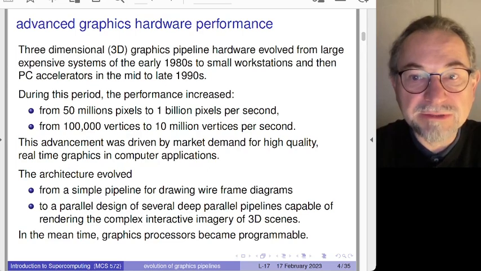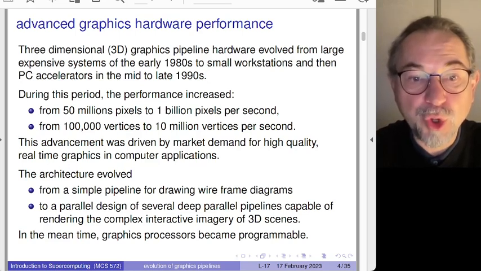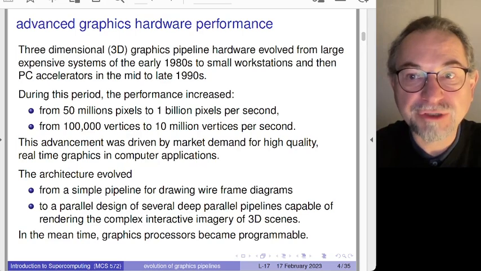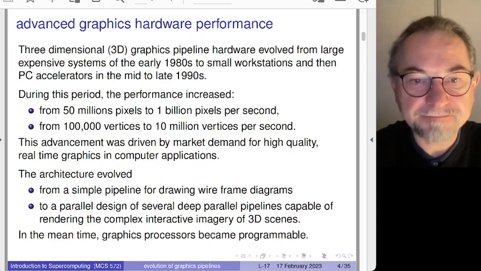So the architecture evolved from a very simple pipeline embedded into the hardware to programmable graphics processors. So the earliest GPUs were actually not at all programmable, and they were only offering a very simple pipeline.